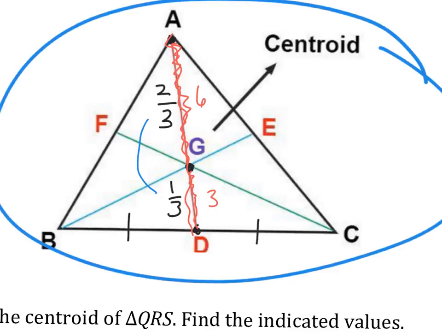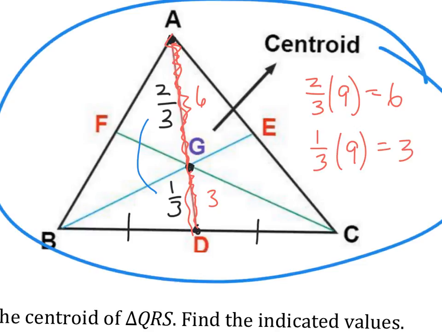So let's try this. Is 2/3 of the whole length 9 equal to 6? Yes. Is 1/3 of 9 equal to 3? Yes, because 1/3 is the same thing as dividing by 3. 9 divided by 3 is 3. So it worked.